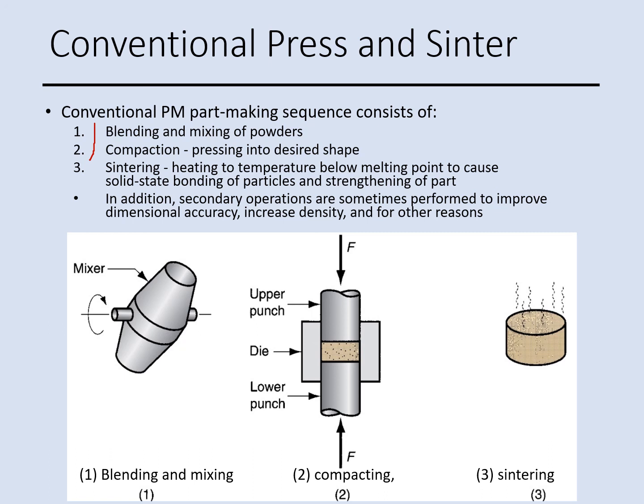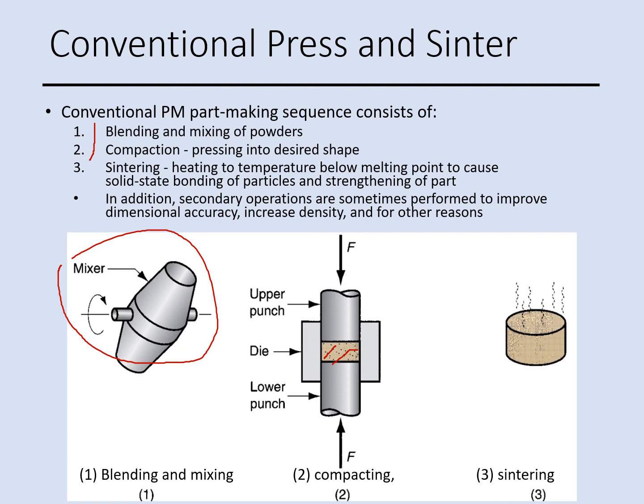The next step is compaction, where the powders are placed in a die like this one, and then we have a punch that presses these powders with a certain load.